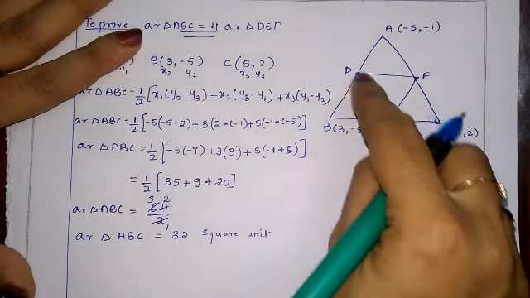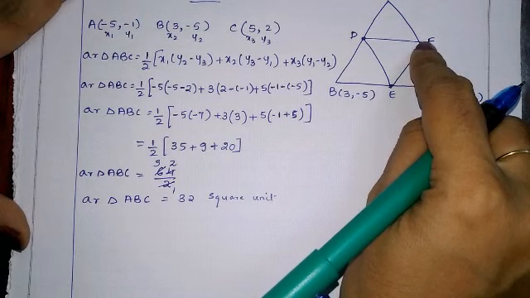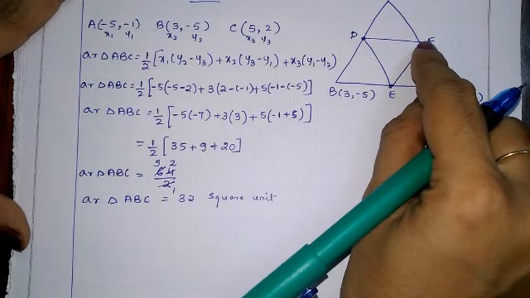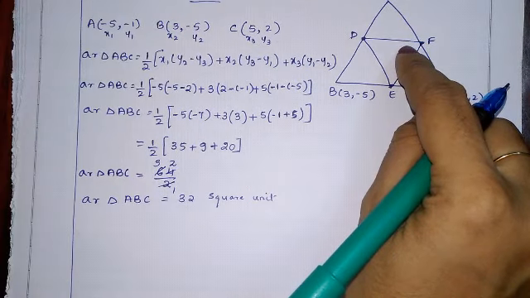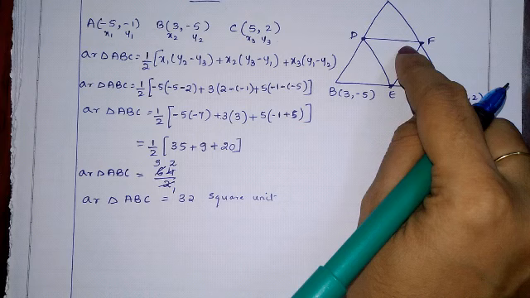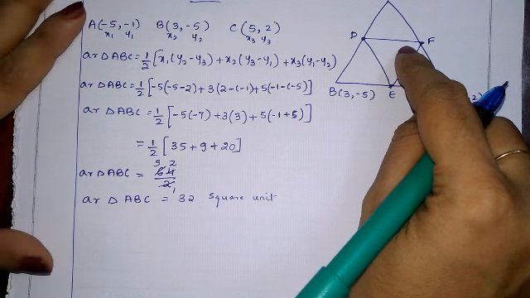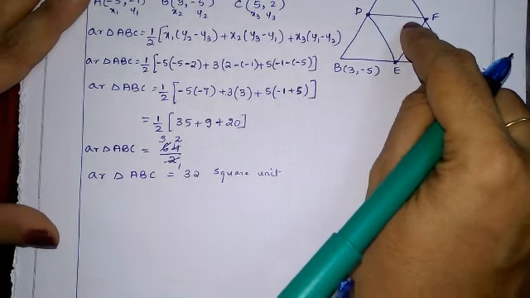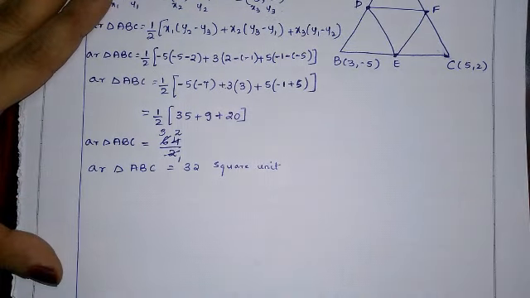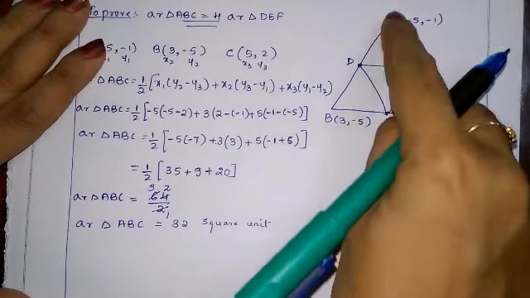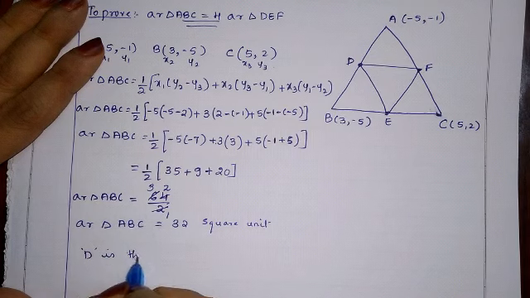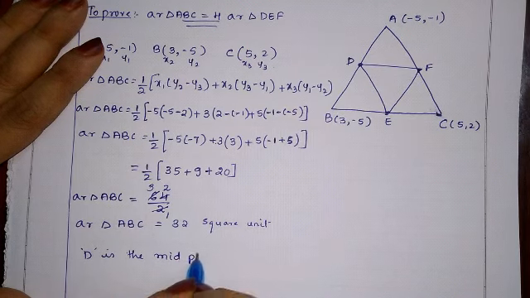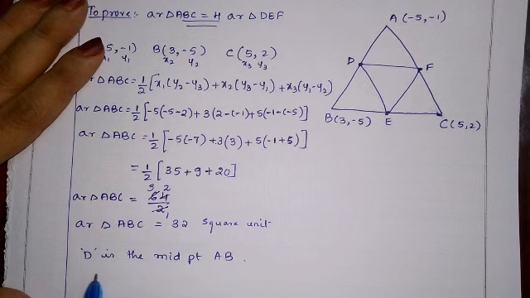Unit. Okay, now DEF should be 4 times less. The area of triangle ABC should be 4 times the area of the triangle formed by joining the midpoints of the sides. Okay, let us see now. We don't know the points of DEF. We know that D is the midpoint of AB, where A is (-5, -1) and B is (3, -5). First I'll do it with the formula, and the remaining 2 I'll do directly. D is the midpoint of AB.